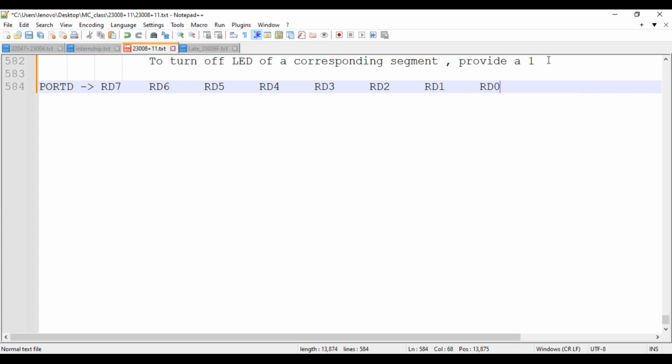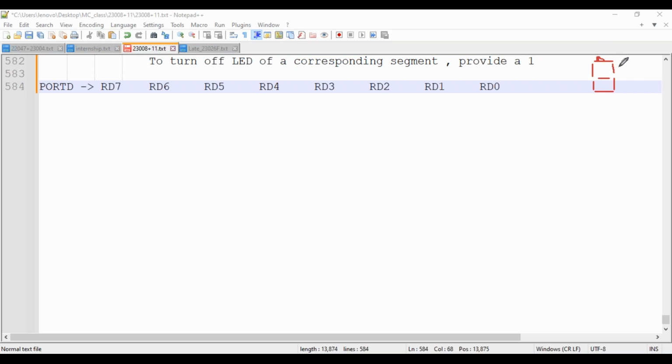Now tell me, I want to display 1. So these are my 8 segments. Let me say my SSD is something like this. So consider DP also.